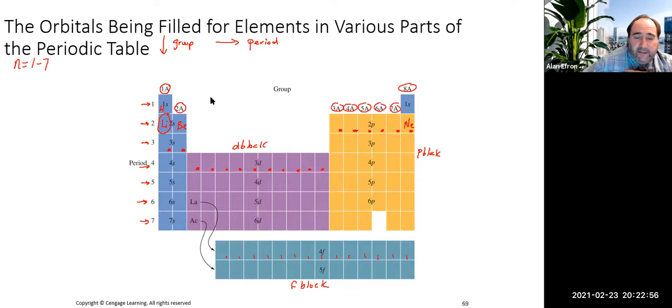And again, to show you how that would work, let me erase a couple of things here so we can see. Let's do one that we did earlier. I think we did sodium earlier, which is right here, I believe. So this is sodium. So if you were to count electron configuration from the periodic table, you would start at the top, and this would be 1s1 all the way over to here, which would be 1s2.